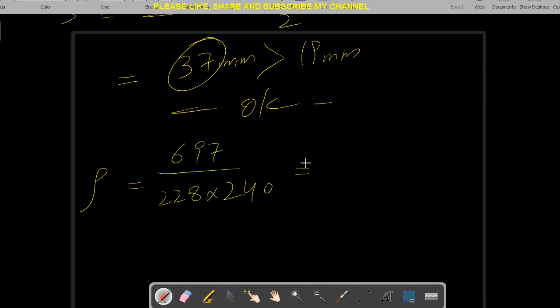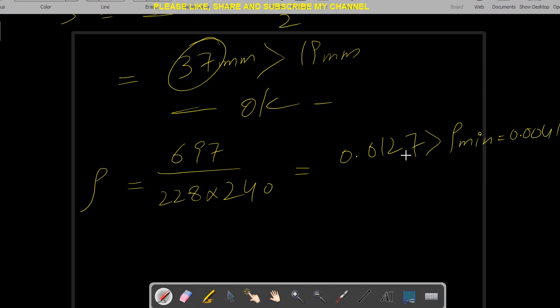So from this, I got the value of 0.0127, as this is greater than rho minimum, because rho minimum is 0.004 something.